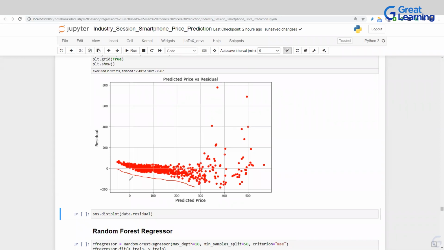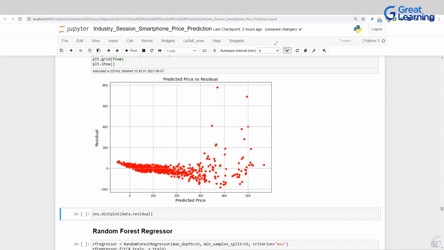The predicted price is below 0 as well. You can see there are a lot of observations for which the predicted price is less than 0, because this is a coefficient based model. Based on the coefficients, you are likely to see negative values too, which is not true in real world scenarios. Can you have a smartphone with 0 or less than 0 price? Which is not possible. It should always be greater than 0.